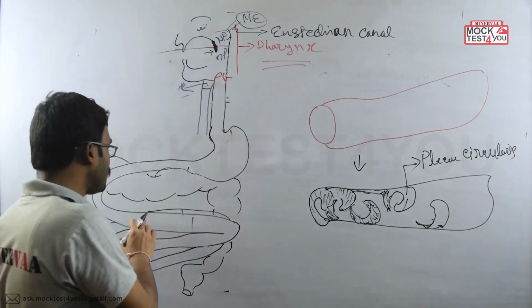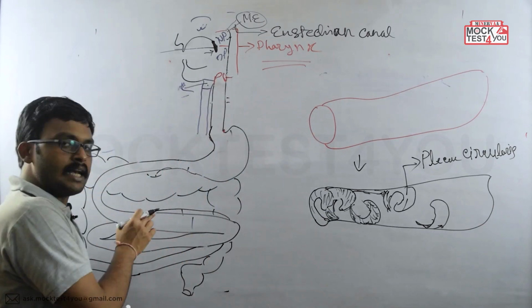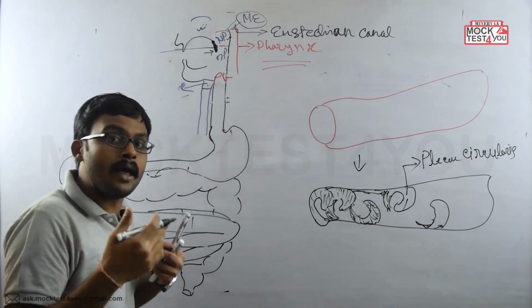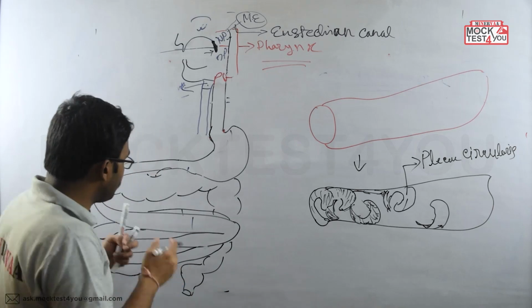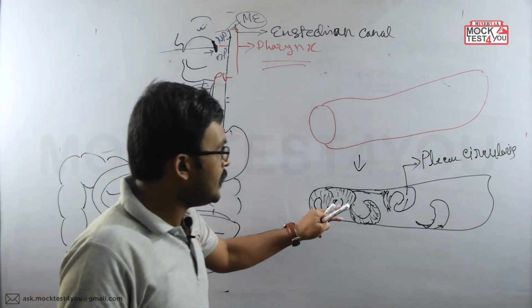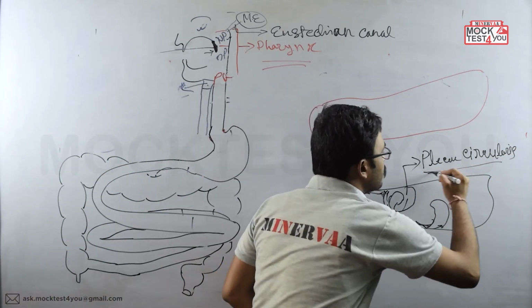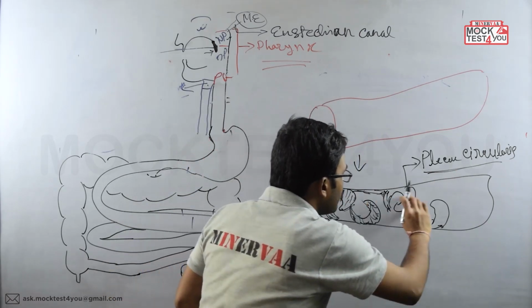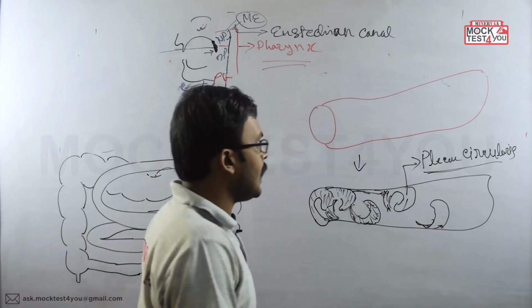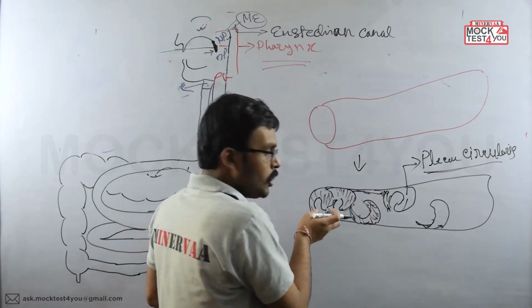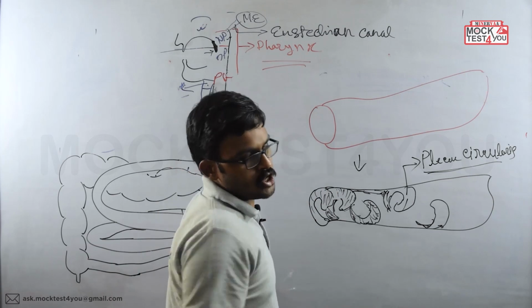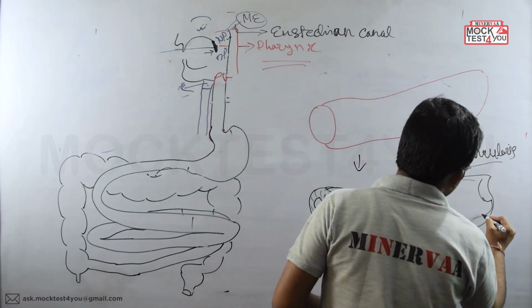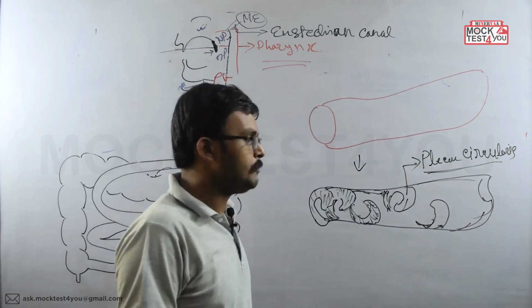So for this mixing, more and more time is required, and that time is given by the plica circularis because it is slowing down the movement of the food through this inner lumen structure, okay, clear? So the food is moving slowly and the digestion can occur properly over here, okay, in this region, clear? Done?